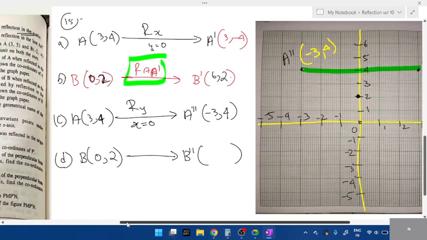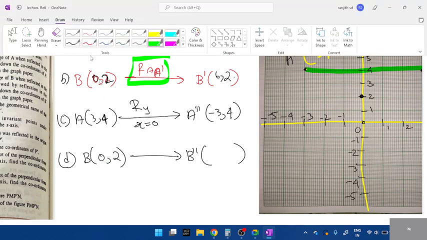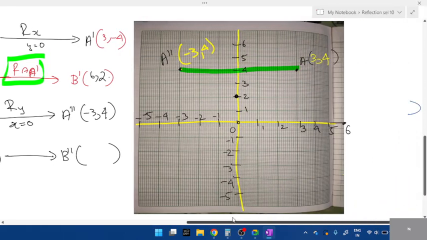Okay, mirror line. What is the B value? 0 comma 2, right? Where is 0 comma 2? Here, B. So from the mirror, how many boxes? 2 units. Above 2 units, where's the answer? 0 comma 6 is the answer.